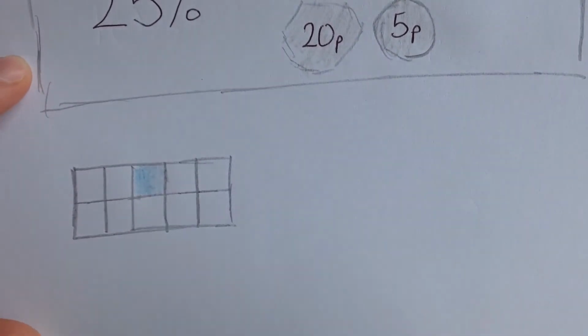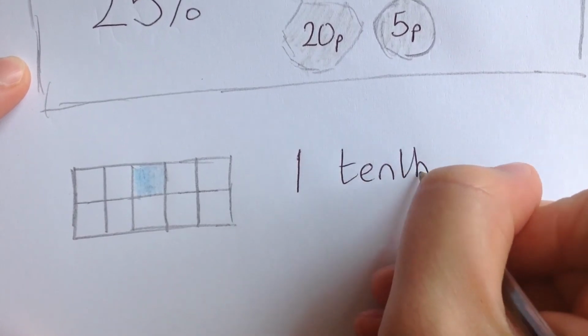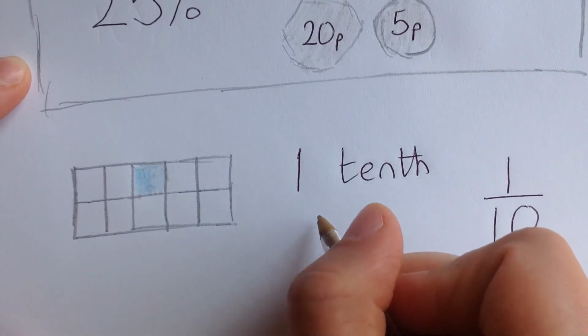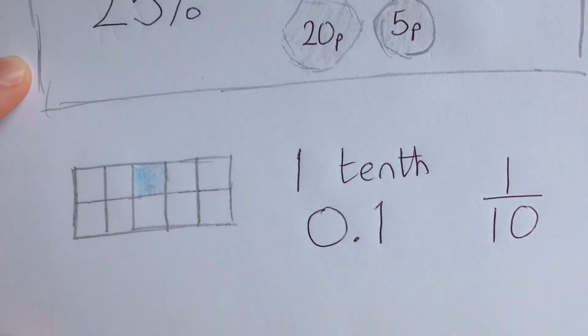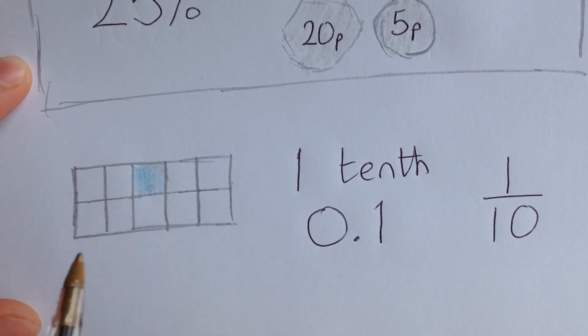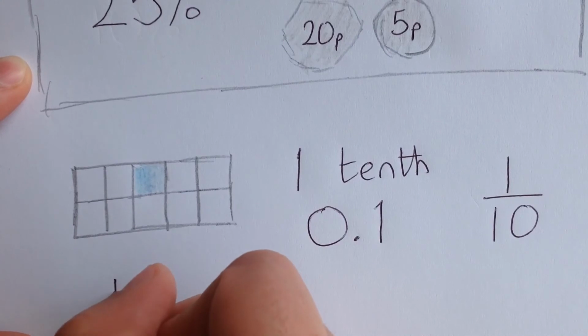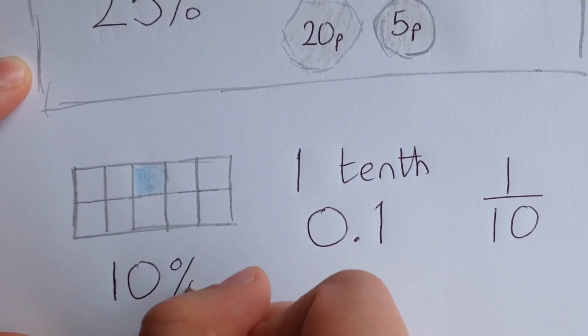I'm going to work quite quickly now, so I'm going to write 1/10, which is 0.1. You're probably quite good at that because we've been doing a lot of tenths and hundredths in our maths. A tenth of 100 is 10, so it would be 10%, because ten 10%s will give you 100%.